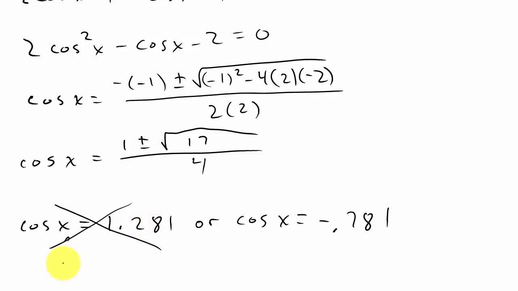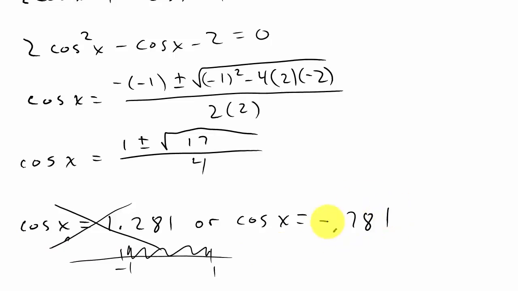Just remember that this value has to be between negative 1 and 1. If it's less than negative 1 or greater than 1, it can't happen. So the only one we have to work with is this one.